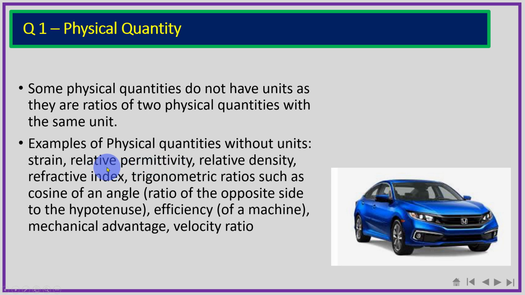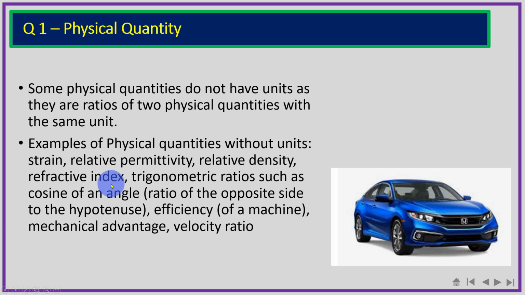Relative permittivity of a given medium is equal to the permittivity of the medium over the permittivity of vacuum. Relative density of a substance is the density of the substance to the density of water. Refractive index of a given medium.